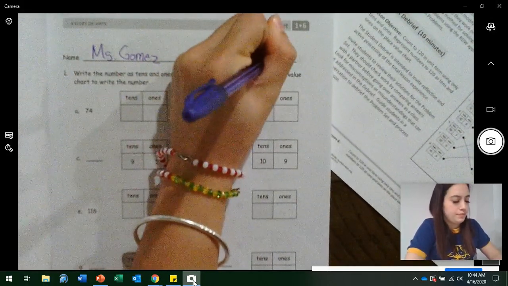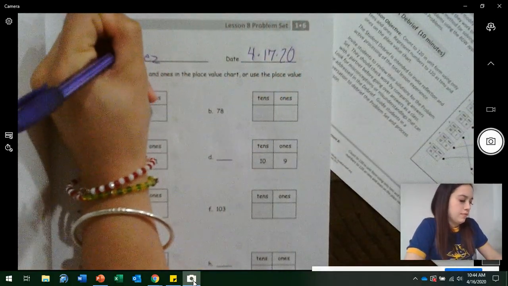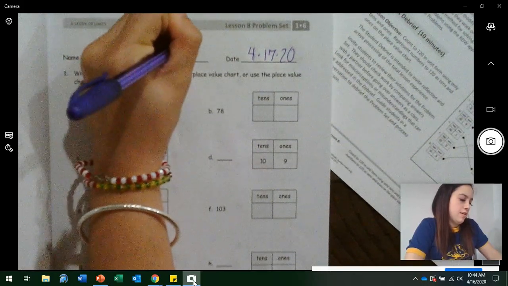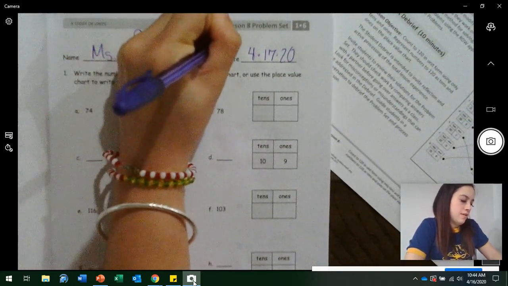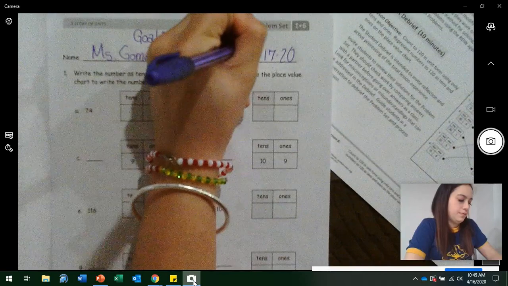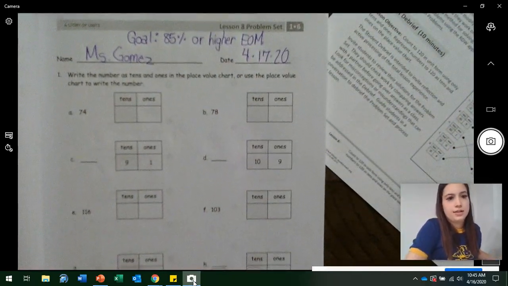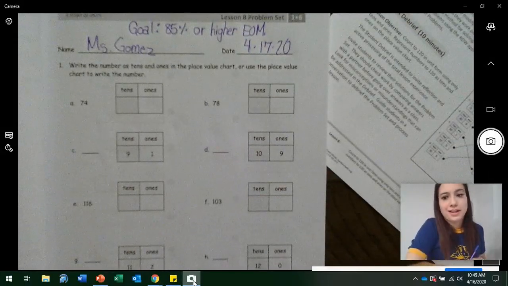So remember, just like we're in class, you need to have your heading. Name, date, and goal. So this is what your heading should look like. Go ahead and press pause if you need more time to write it.